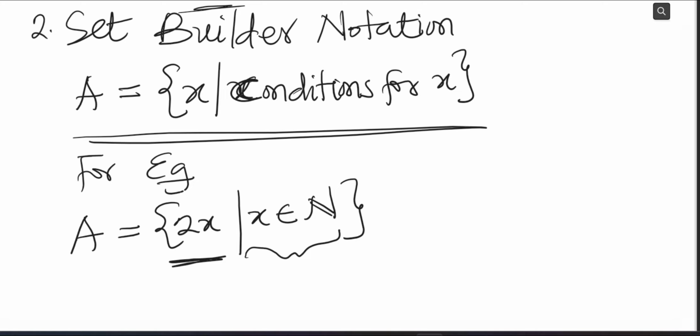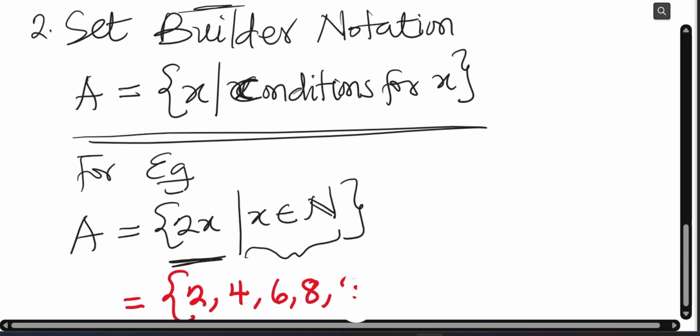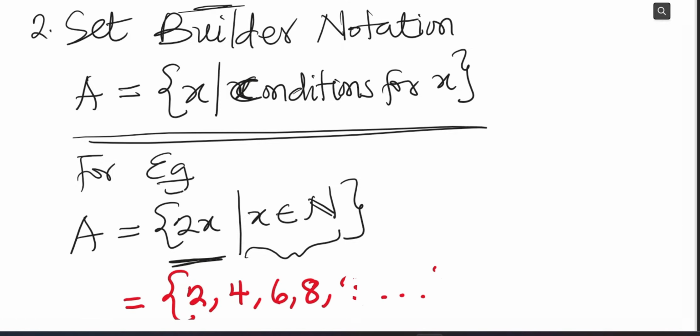So if we try to list the members of A, this is what we are going to get: 2, 4, 6, 8, and it continues like that. So this is A.